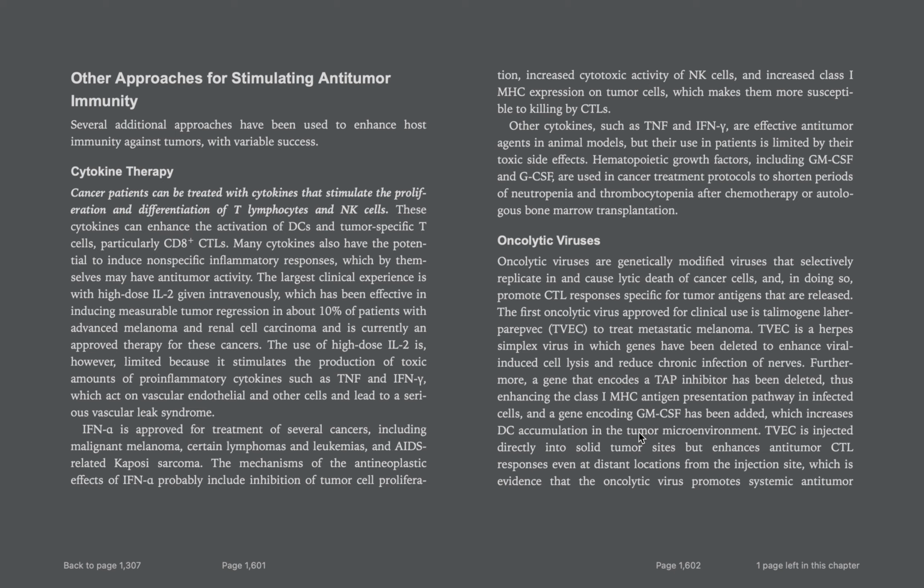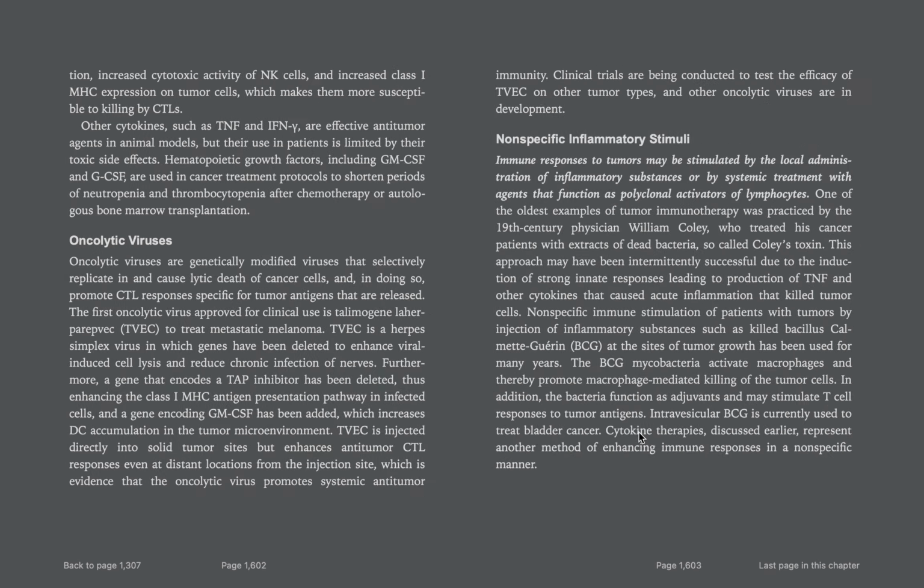T-VEC is injected directly into a solid tumor site, but enhances anti-tumor cytotoxic T lymphocyte response even at a distant location from the injected site, which is evidence that oncolytic viruses promote a systemic anti-tumor process.